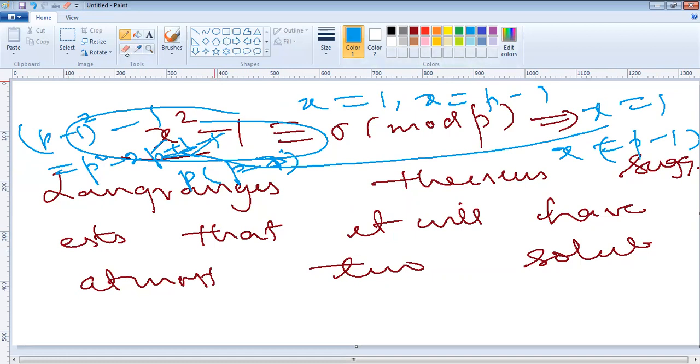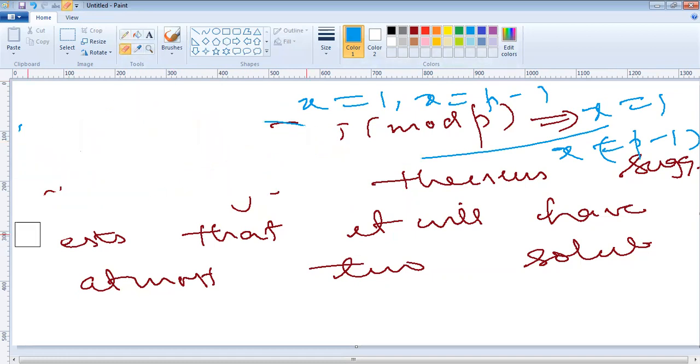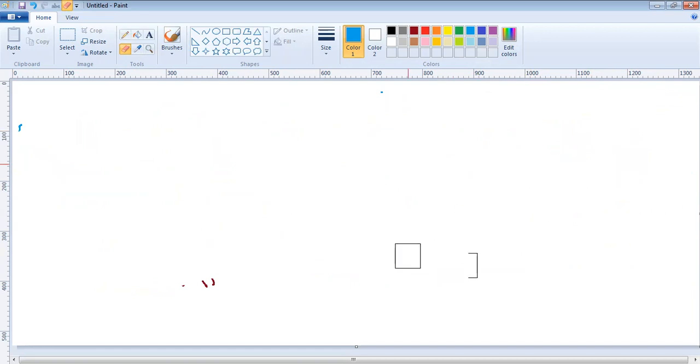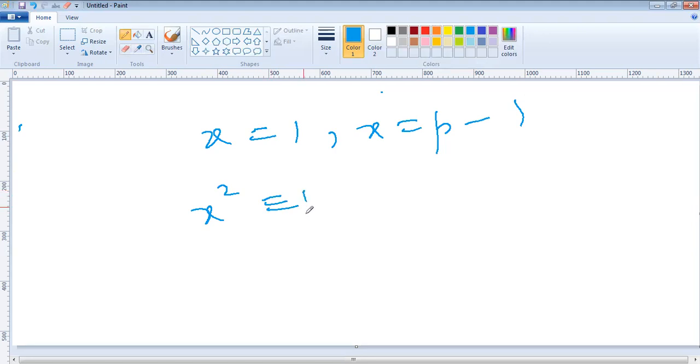So what we have been able to prove is that x equal to 1 and x equal to p minus 1 satisfy this.